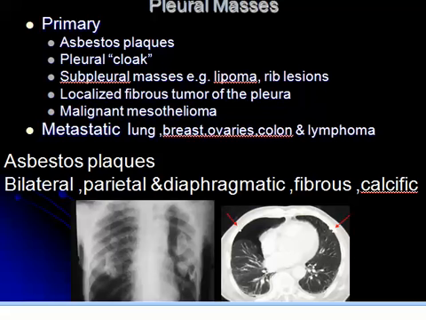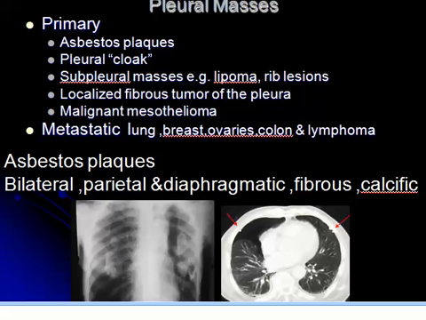From the pleura itself, there may be benign lesion as localized fibrous tumor of the pleura or malignant mesothelioma, which appears usually as either one mass or loculated bossy mass or associated with massive effusion. Secondaries are more common. Lymphoma extension is known.